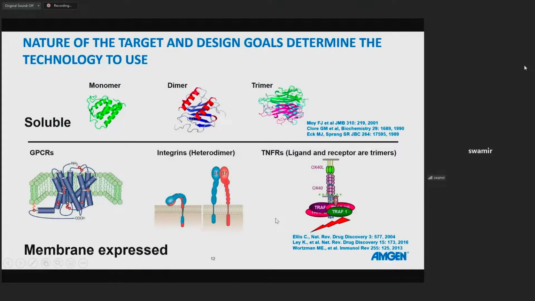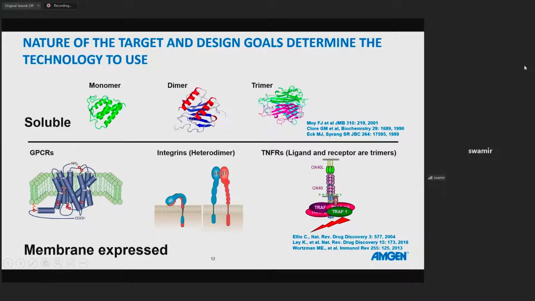So the other important thing to remember before screening, and the instruments used, as I said, is that soluble or on-cell targets could influence our selection. For soluble targets, it could be a monomer, dimer, or trimer. If it is a monomer, it's fine, but if it's a dimer, and you capture the antibody on the surface and flow the dimer, then it could give avidity information, for both dimer and trimer.